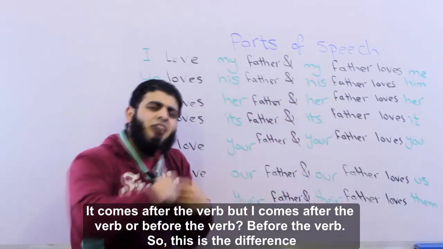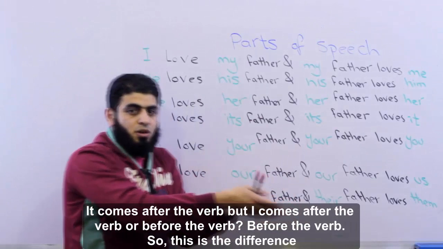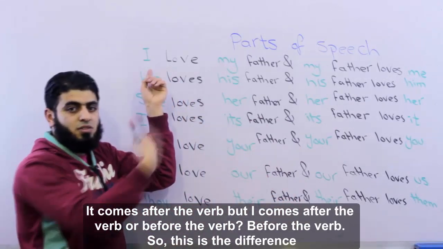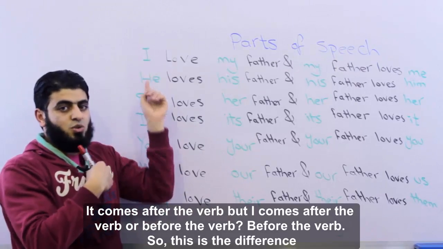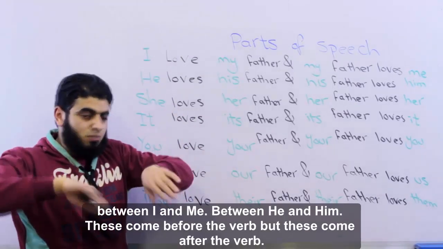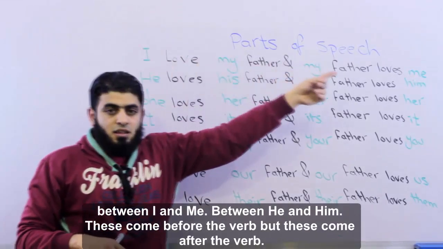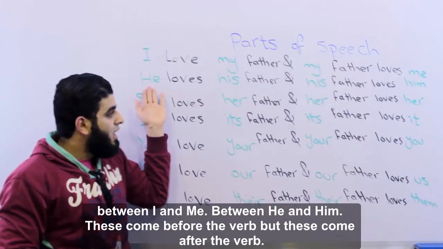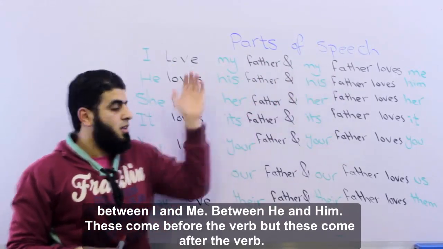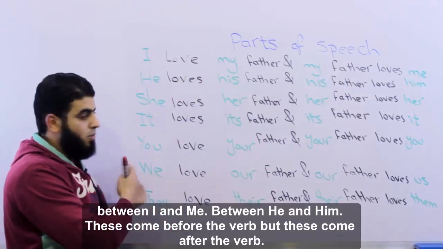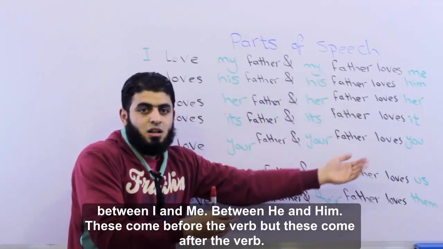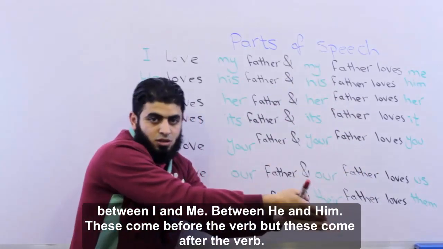It comes after the verb, but does I come after the verb or before the verb? Before the verb. So this is the difference between I and me, between he and him. These come before the verb, but these come after the verb.